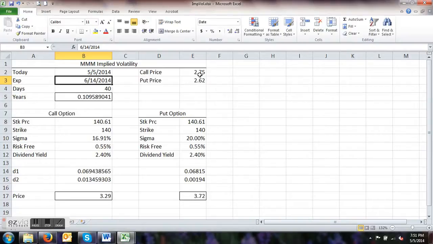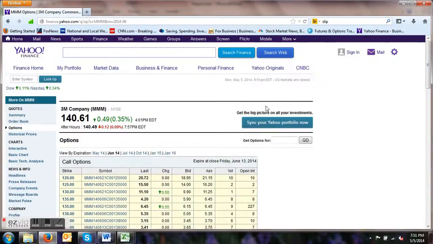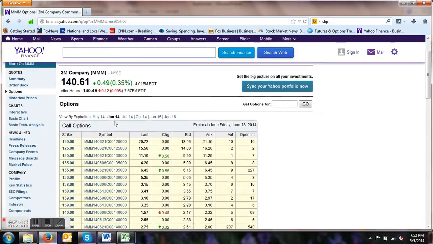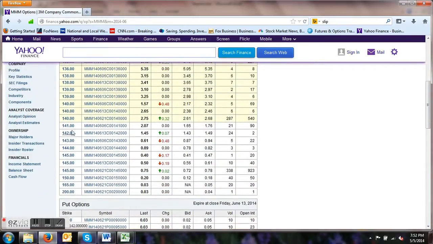All right, so next thing I want to get is what the current call price is and put price is. So nice and simply, we'll just go here to Yahoo Finance. And again, I'm looking for the June 14th. Don't pick the May 14th date. Pick the June 14th. Here is the 140 strike price, which is what I'm using.